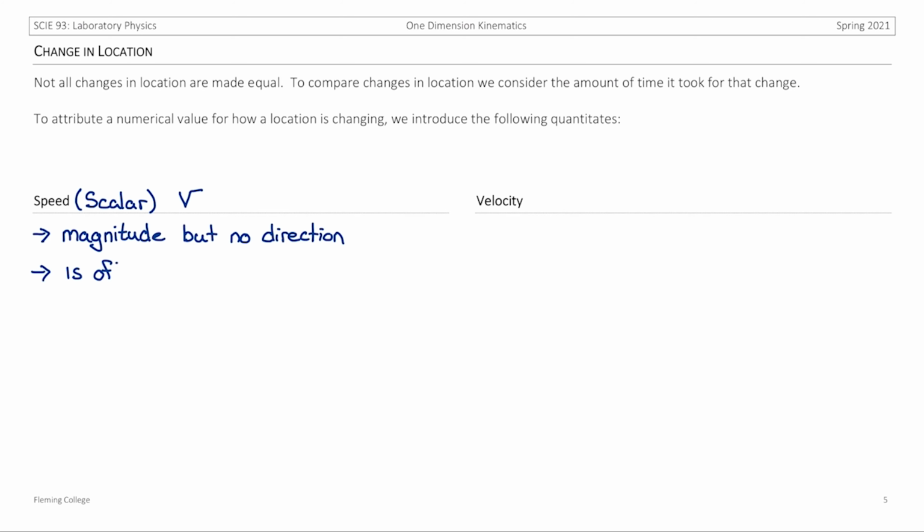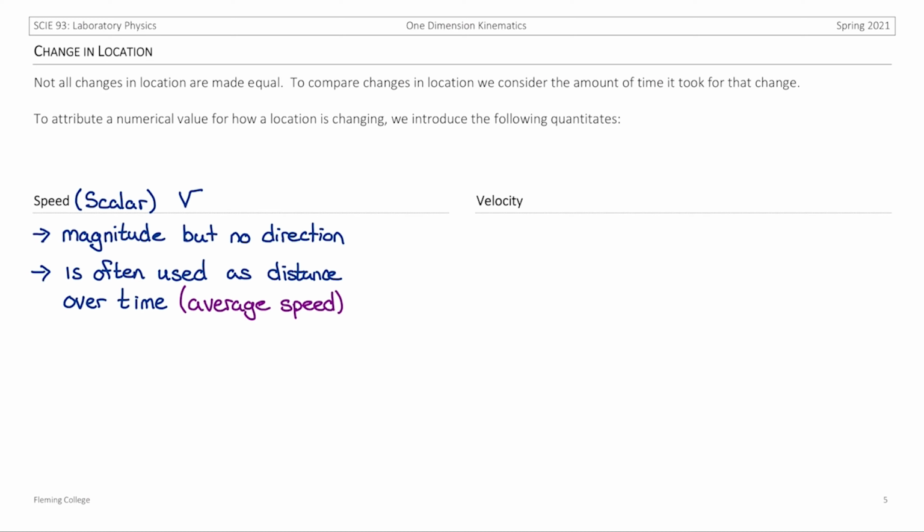Now, speed in your everyday language is often just looked at as distance over time. In physics, distance traveled and displacement are two different things, so we have to be careful. The way you typically use speed as distance over time is more correctly referred to as average speed.